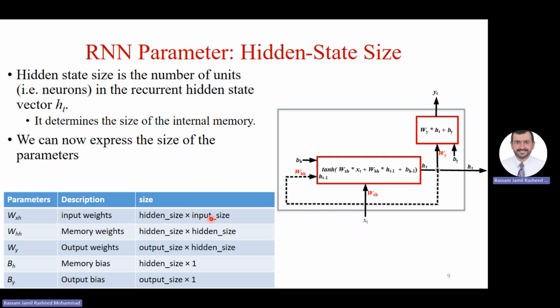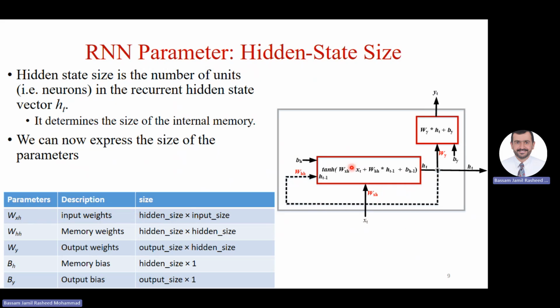Let's say, for the sake of argument, my input is a single input, and the hidden size is, for example, 8. So this is 8 times 1. If I change the number of neurons in the hidden state to 10, this will be 10 by 1. So it gauges the complexity, the size of the neurons.